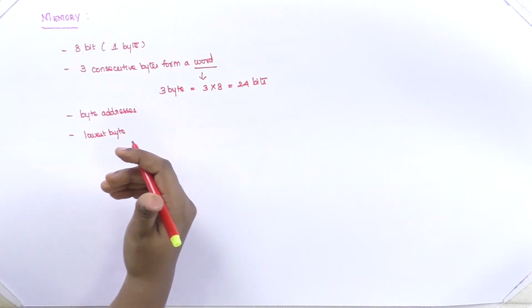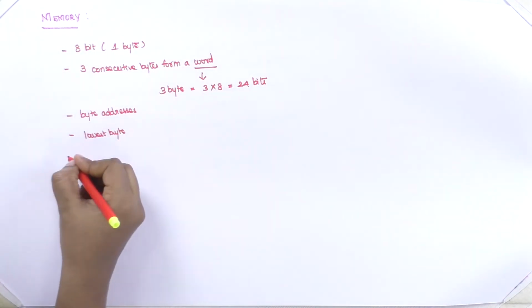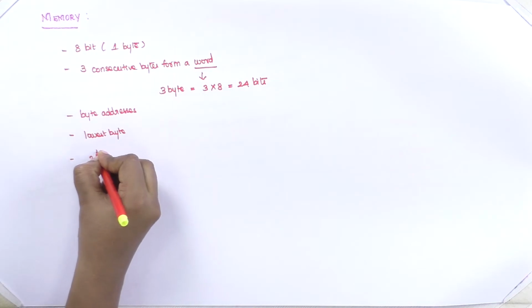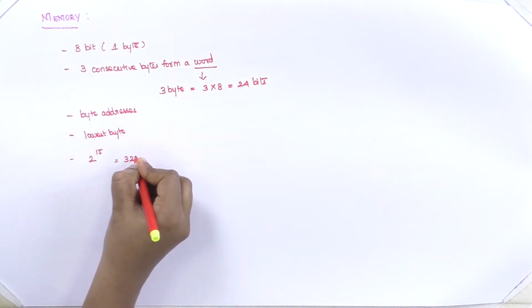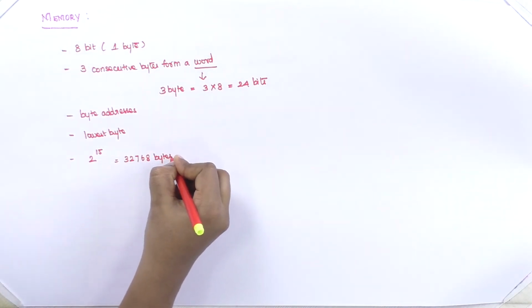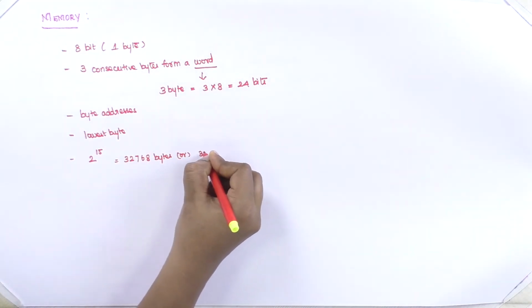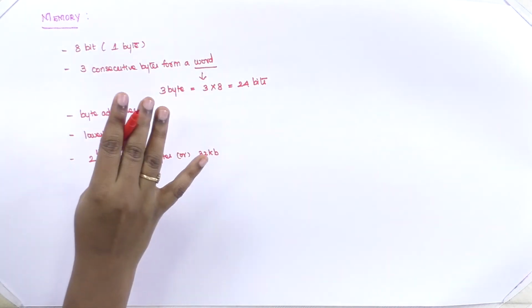If memory starts from 4, it is from 4 to 8, 4 to 6, likewise. So totally we have 2 power 15 memory, that is equal to 32,768 bytes or 32 KB memory. So this is about memory.